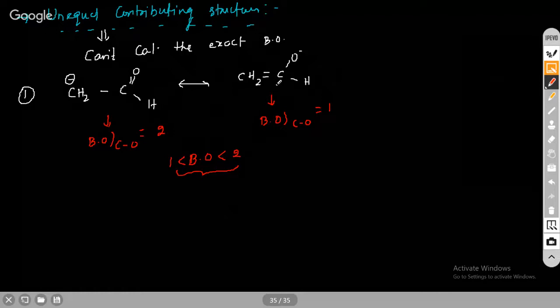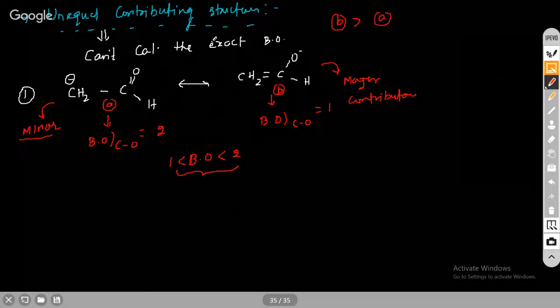So according to that, for structures A and B, the stability of B is more than that of A. This means B is the major contributor and this one is the minor contributor. And B will contribute more into the real structure, the resonance hybrid.